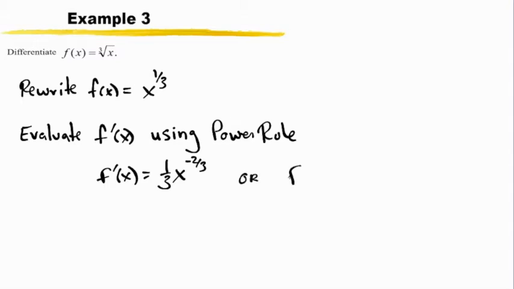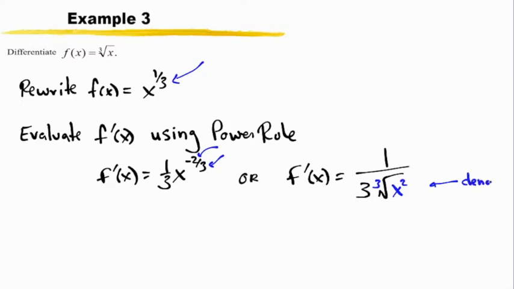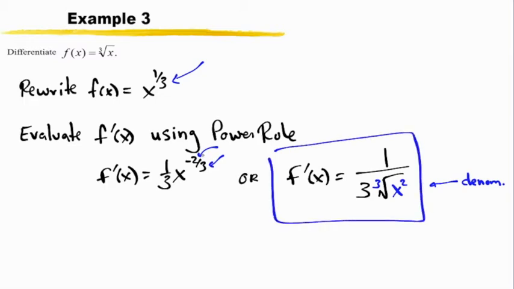Or you can express f prime of x, because it's a negative exponent, we can put it in the denominator, 1 over 3 times, remember 1/3 was the cubed root, so we still have a cubed root, but we also have a numerator, which is the square. And the negative has been removed because we have rewritten the expression in the denominator. So once again, these two expressions are equivalent.